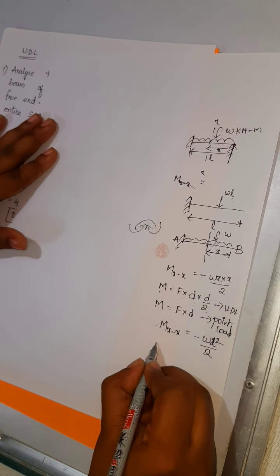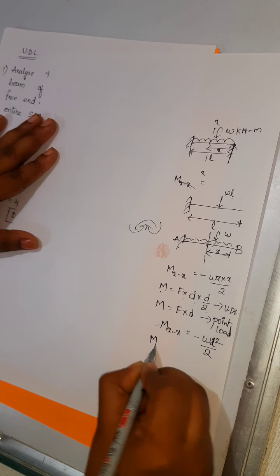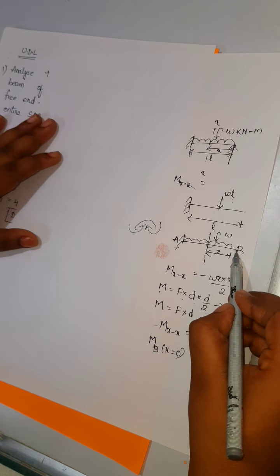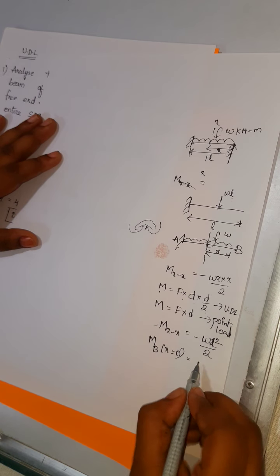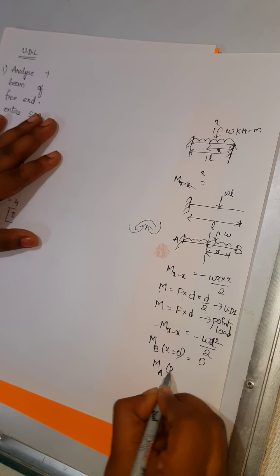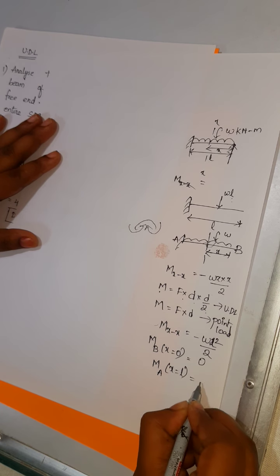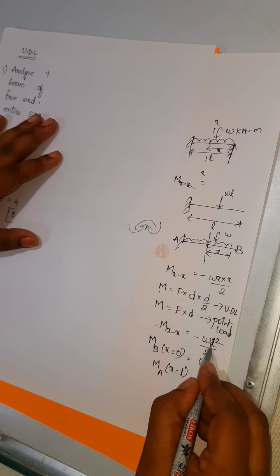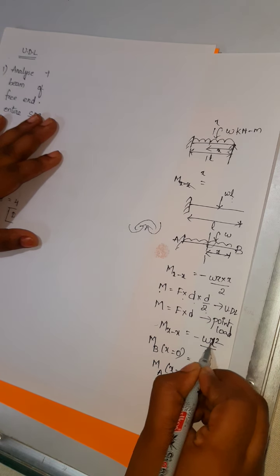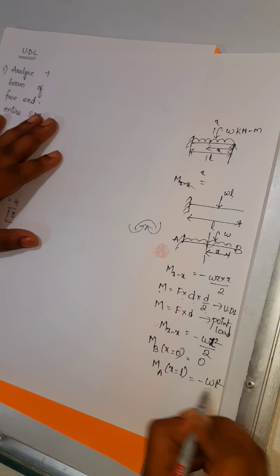If I take the moment at B, x is equal to 0, since it is just the free end, so the starting point x equal to 0 gives 0. The moment at A, how much? x is equal to L, so I substitute x is equal to L in the above equation, so it is WL square by 2.